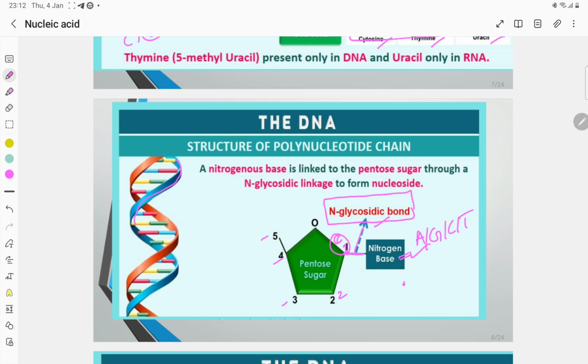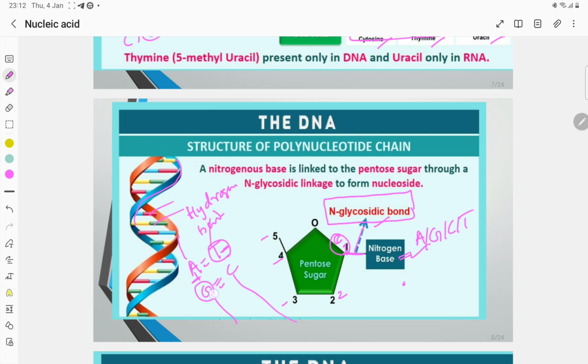But the bonding that occurs here, these are all hydrogen bonds. Hydrogen bonds occur between two nitrogen bases, just like A double bond T and G triple bond C. That means the adenine of one chain makes a bond with the thymine of the other chain.